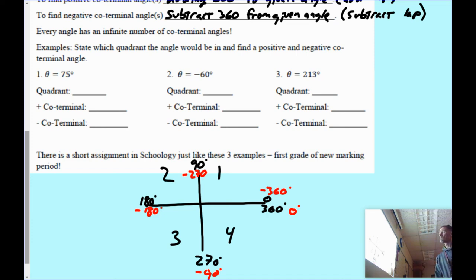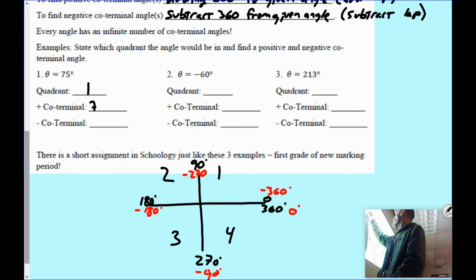Okay, so number 1, we have theta equals 75 degrees. So think to yourself, what quadrant is 75 degrees in? It's positive. It's less than 90, so that means we're in quadrant 1. And if we're doing a coterminal angle, again, 360 is all you got to remember.